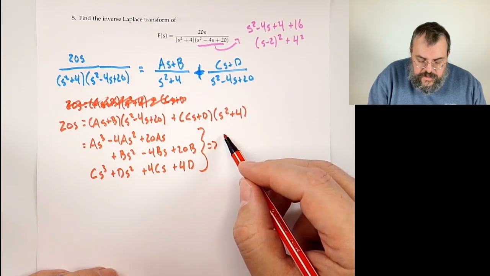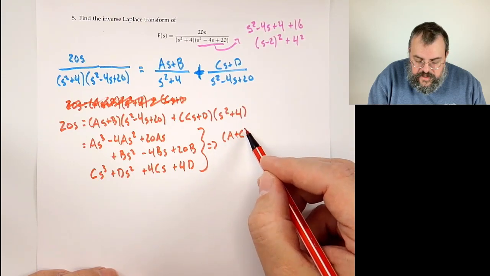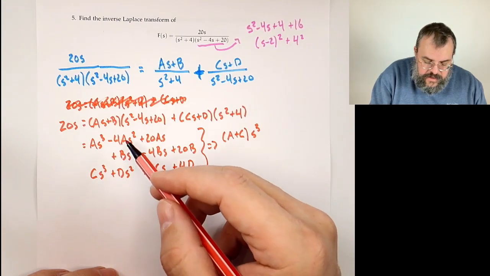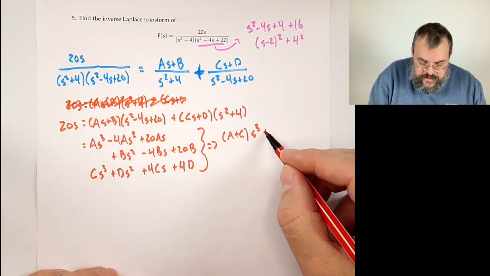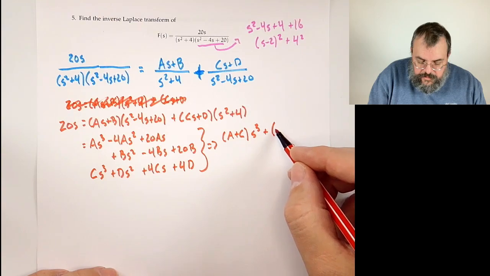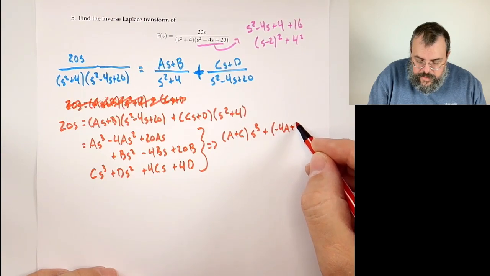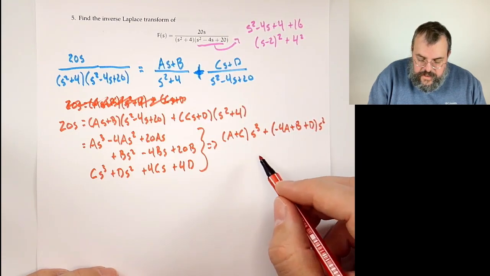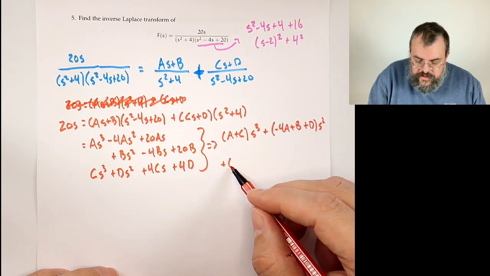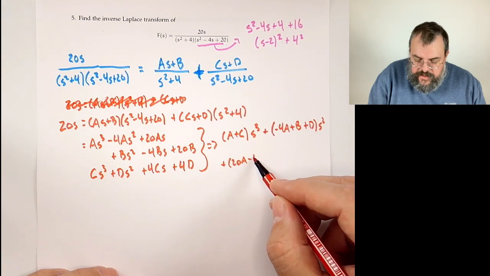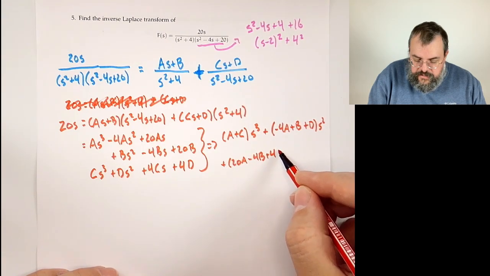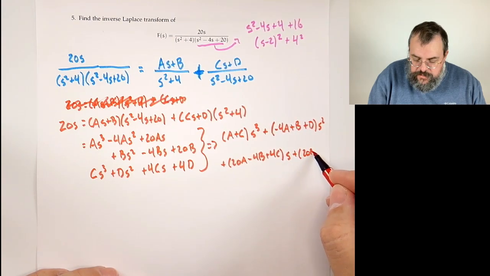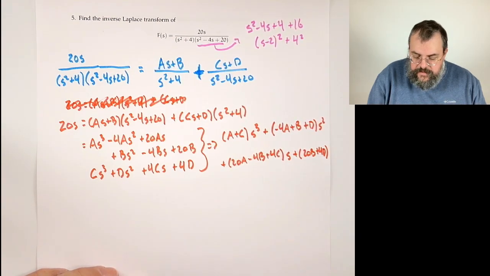Namely, we get a plus c, s cubed, and then, a lot of stuff here, minus 4a plus b plus d, s squared, and then plus 20a minus 4b plus 4c, times s, and 20b plus 4d.